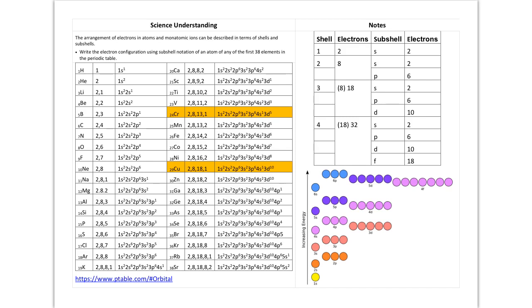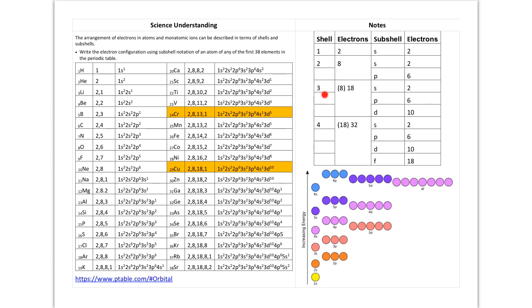So hopefully by now you understand that within an atom we have a nucleus that contains protons and neutrons, and it's surrounded by shells of electrons. And within those, the first shell can hold 2 electrons. The second shell can hold 8 electrons.